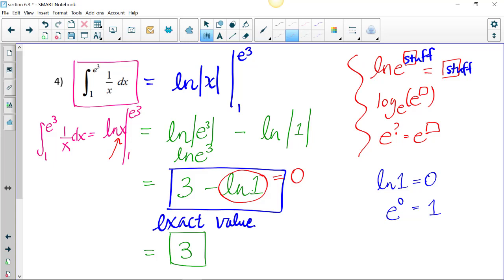The reason they can get away with that is because both of these numbers that I'm going to plug in for x are positive. So I'm guaranteed that I will not be taking the natural log of a negative. So if you know that, you don't need the absolute value bars. Or sometimes they don't put them on indefinite integrals because you're not going to be substituting something into it.